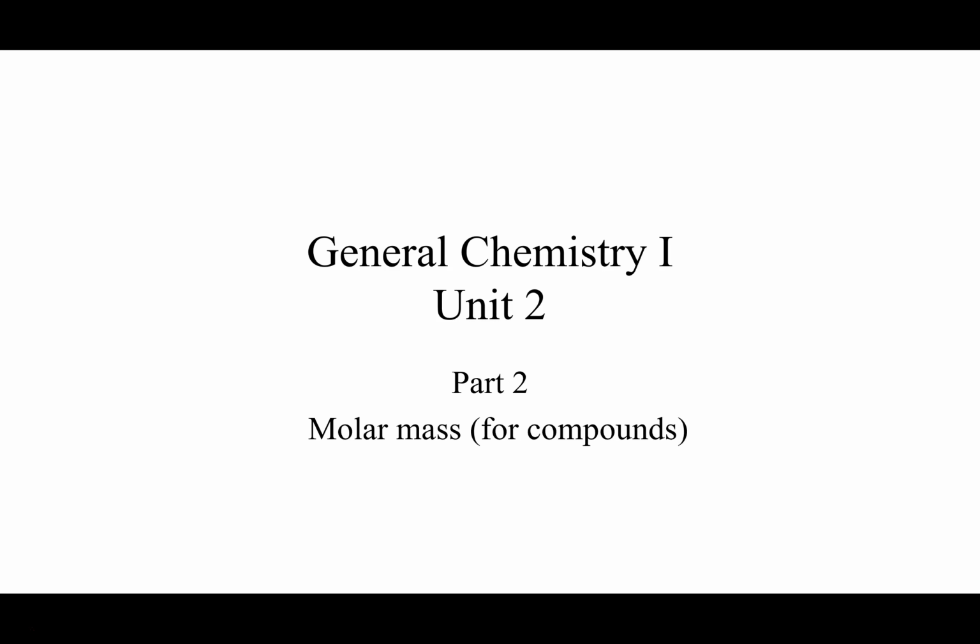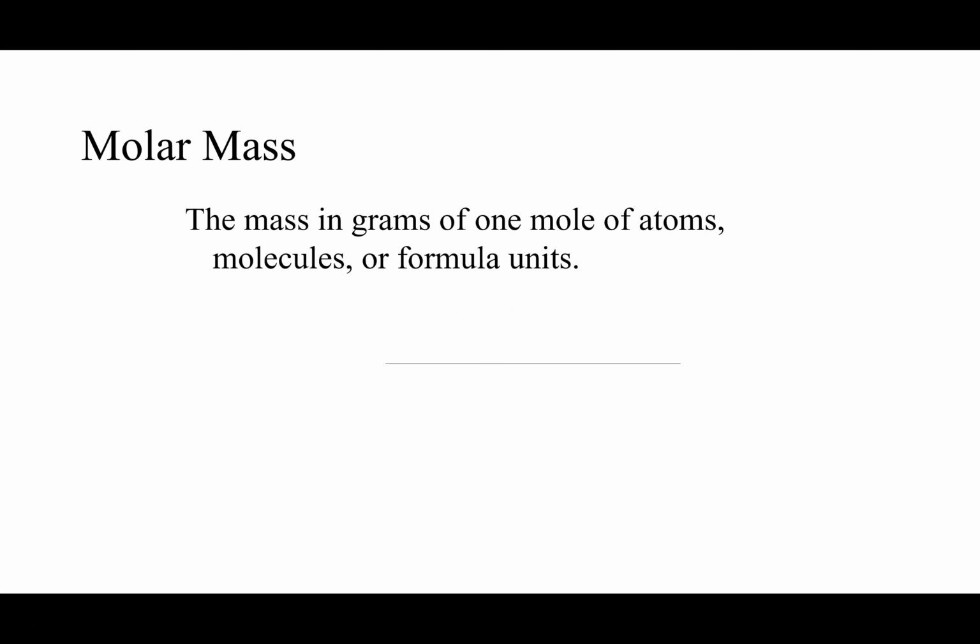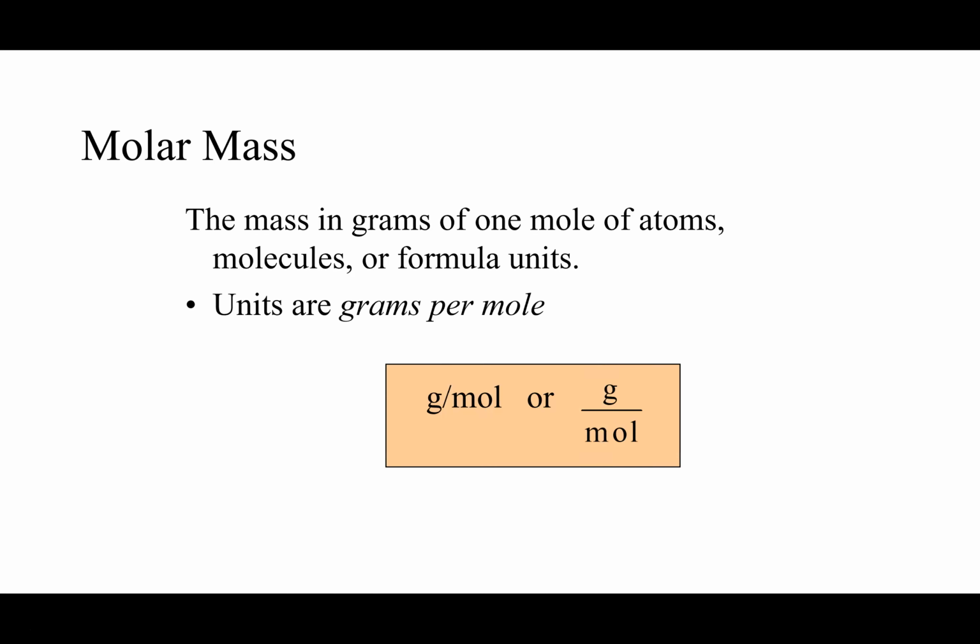So quite handily for compounds now, you're going to see that we go from how much a molecular formula unit weighs in AMUs to the molar mass of that compound. What is molar mass? We know that molar mass is the grams you need to set aside or weigh out in order to get 1 mole of that stuff. So units of molar mass are grams per mole. We've done it with atoms, and now we're going to do it with compounds.